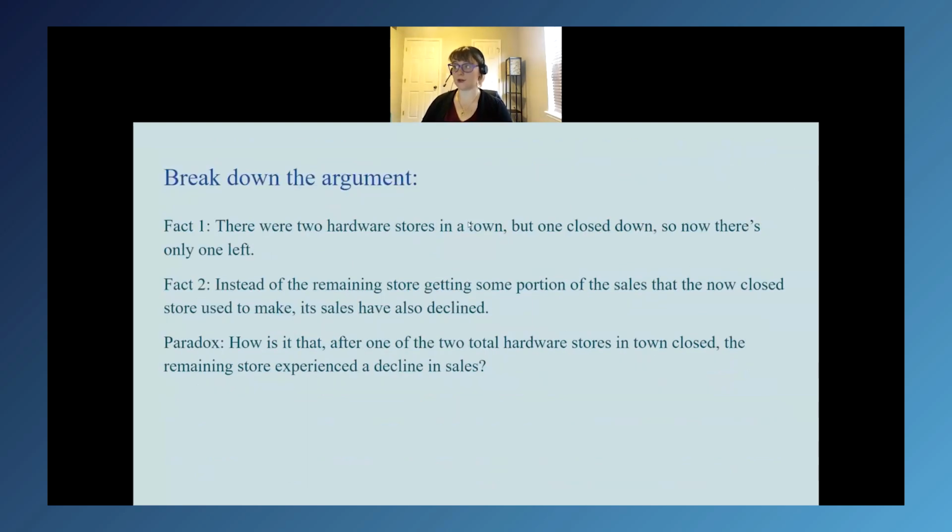So, we've got these two hardware stores and one closed down. So now there's only one left. Instead of the remaining store getting some portion of the sales that the now closed store used to make, its sales have also declined. How is it that after one half of the total hardware stores closed, the remaining store experienced a decline in sales?